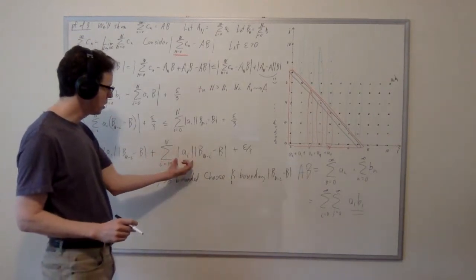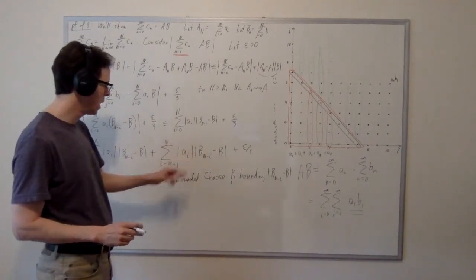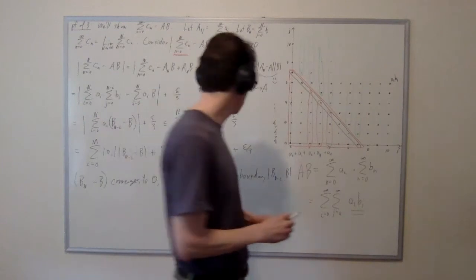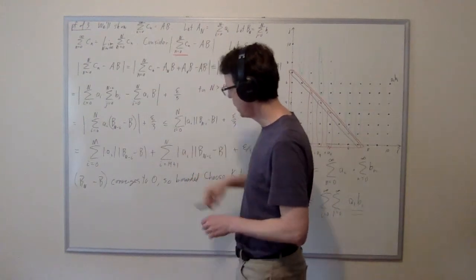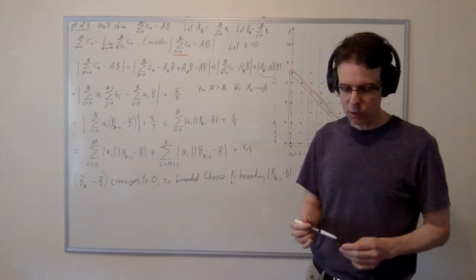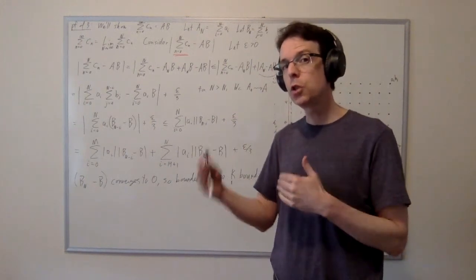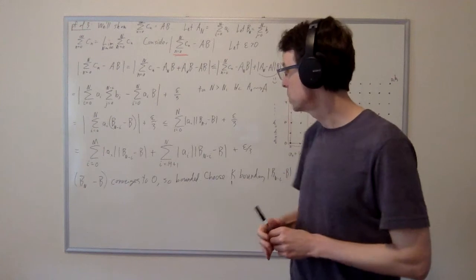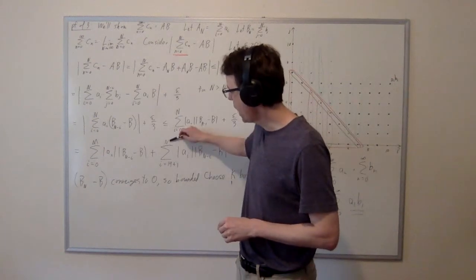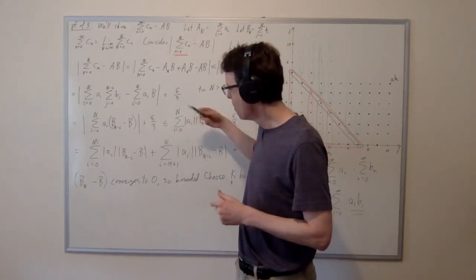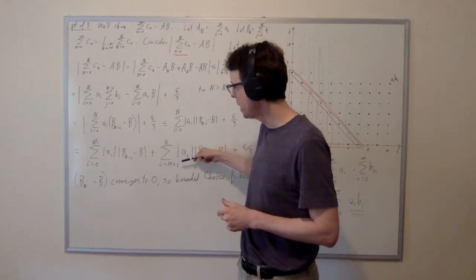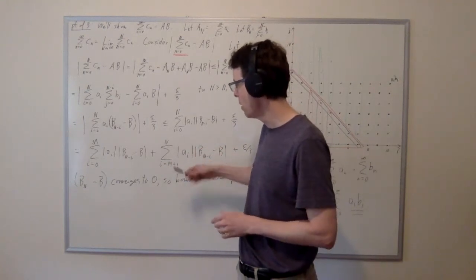Now, this is a summation of the moduli of the terms AI. What can we do with that? It's a summation from m plus 1 to n, which is actually a difference between two partial sums, right? This is the partial sum that ends at stage n minus the partial sum that ends at stage m.